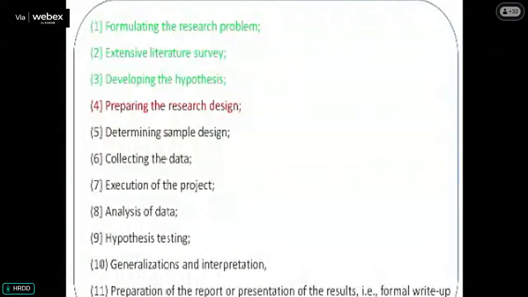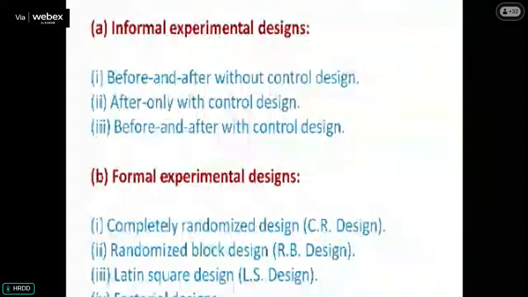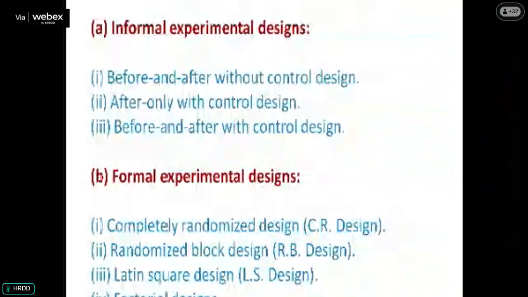That is preparing the research design. We are continuing. Most of us are doing experiments, so we will discuss more on experimental designs. As I told you, important experimental designs are of two types in a broad way: informal experimental designs and formal experimental designs.